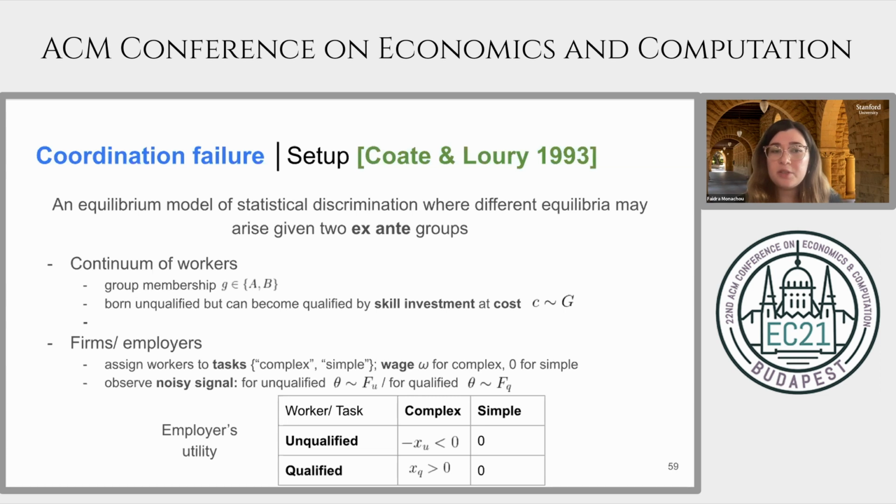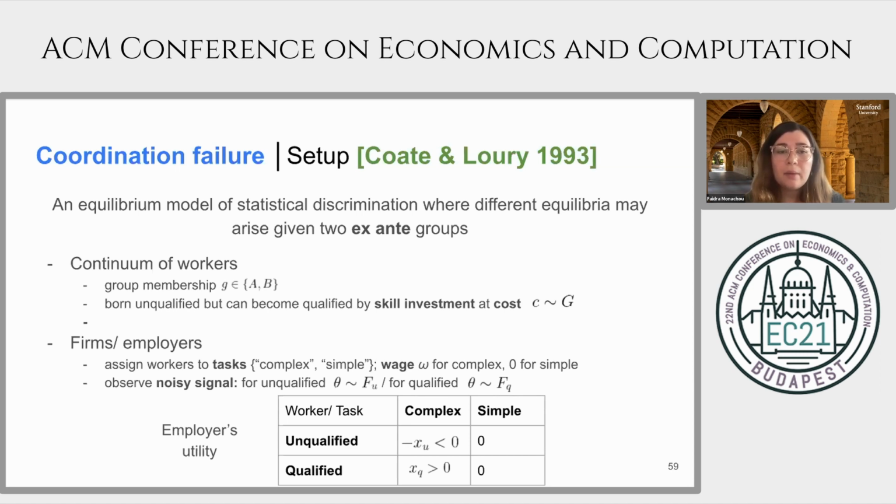And specifically in this model, I'll go slow here. I think this is a very nice model actually. We have a continuum of workers, and workers belong to one of two social groups, again A and B, nothing changed here. What we have in this particular case is that all workers are born unqualified.